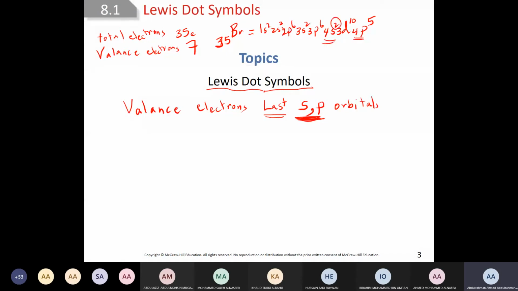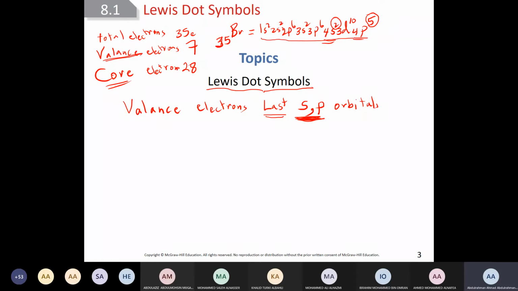What do we call the rest of the electrons, which is how many? 28. What do we call them? Core electrons. You have to memorize these important definitions: valence electrons and core electrons. Of course, this is the electronic structure of Br.